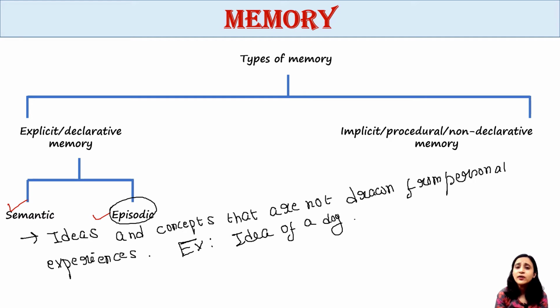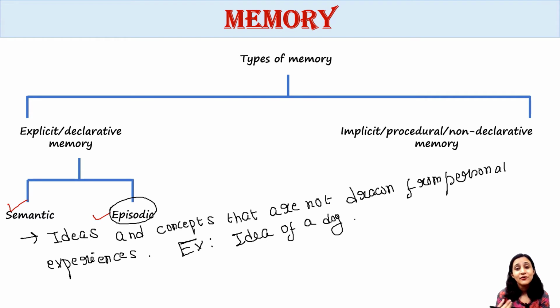Now, could you remember your first day of college? So this is your experience. Your and my experience might be completely different in this case. You got a love letter at your first day of college. I got a kick. So the experience and memory is different in our cases.